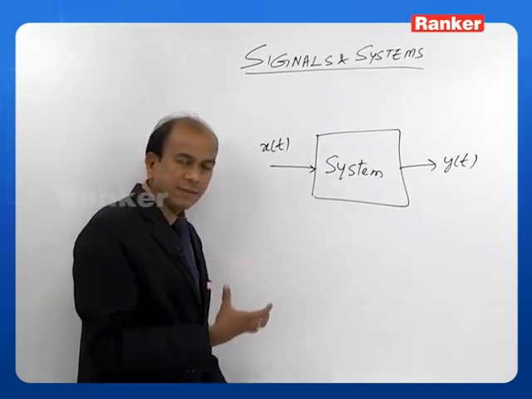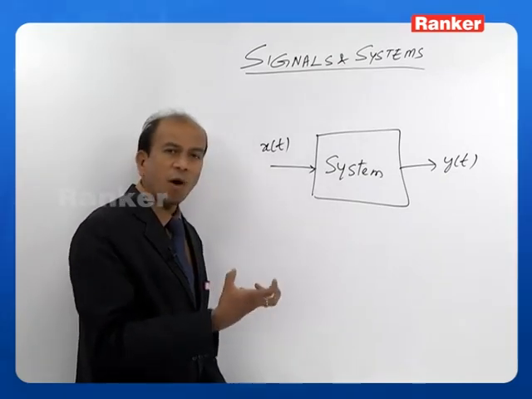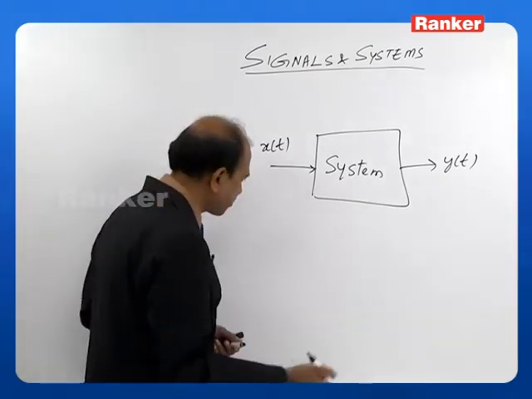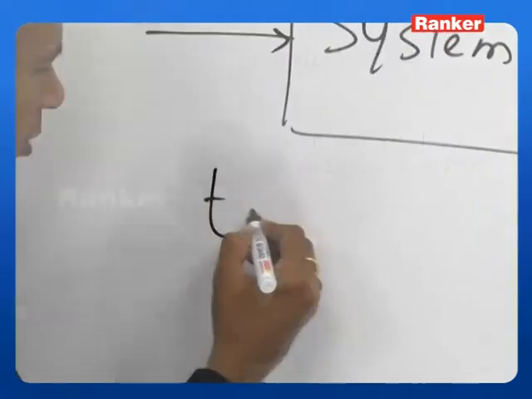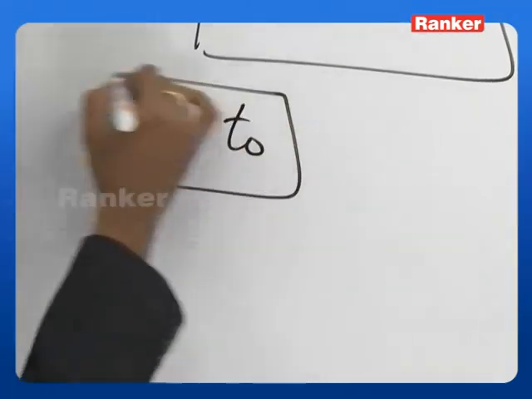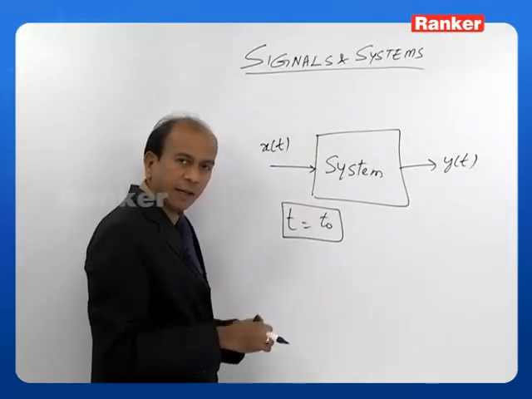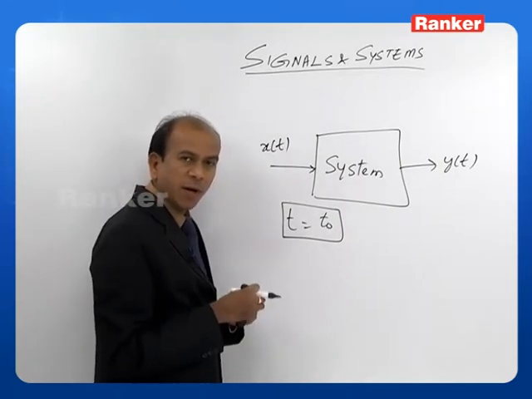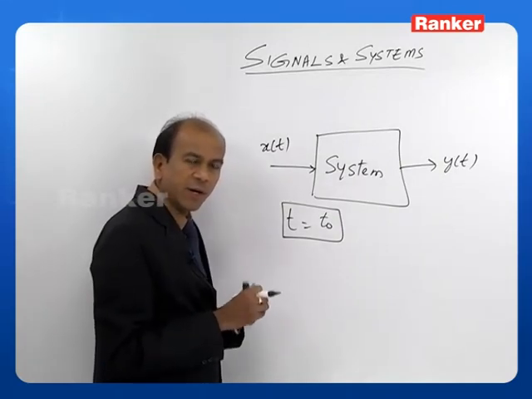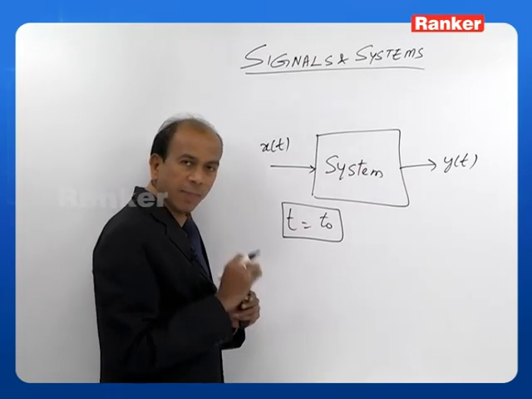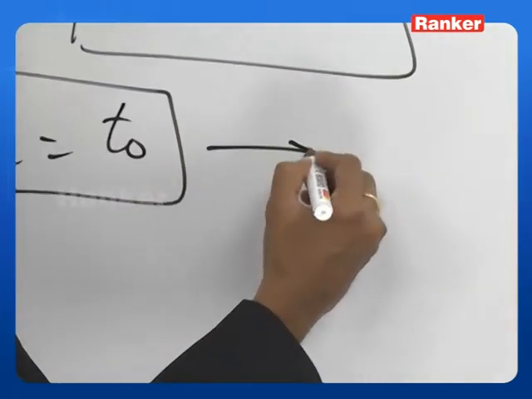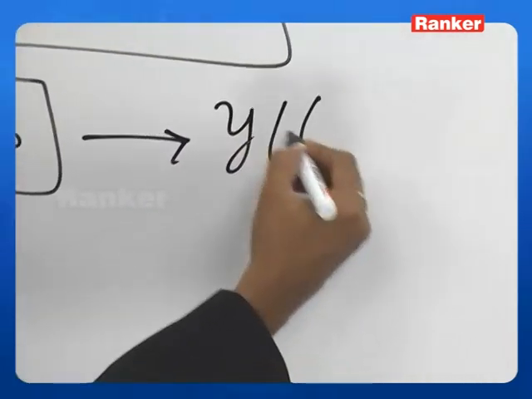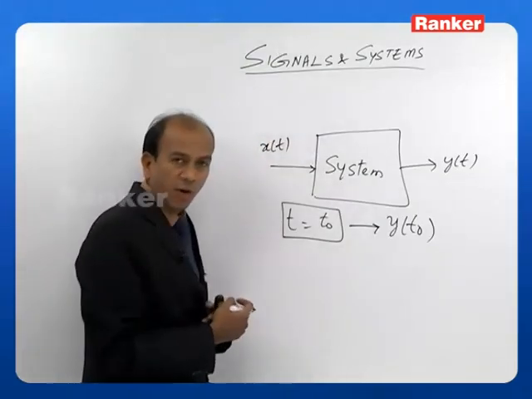Now let us see three different types of outputs. For example, let us say t is equal to t0 is my current state of observation. That means I want to observe the output at t is equal to t0. I am interested in finding out what y of t0 is.